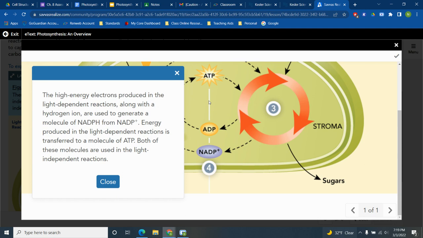So the high energy electrons produced in the light dependent reactions, along with the hydrogen ion, are used to generate a molecule of NADPH from NADP plus. Energy produced in the light dependent reactions is transferred to a molecule of ATP. It used to be ADP. Both of these molecules are used in the light independent reactions.